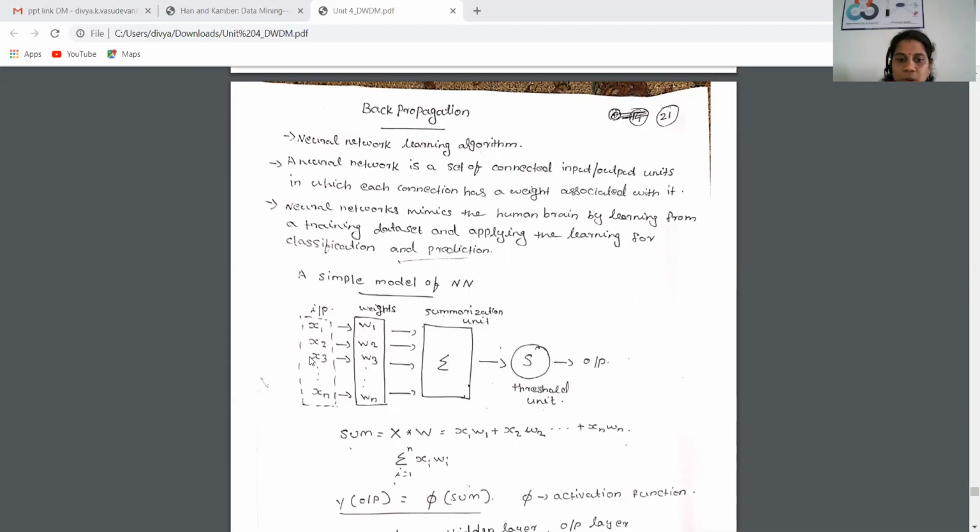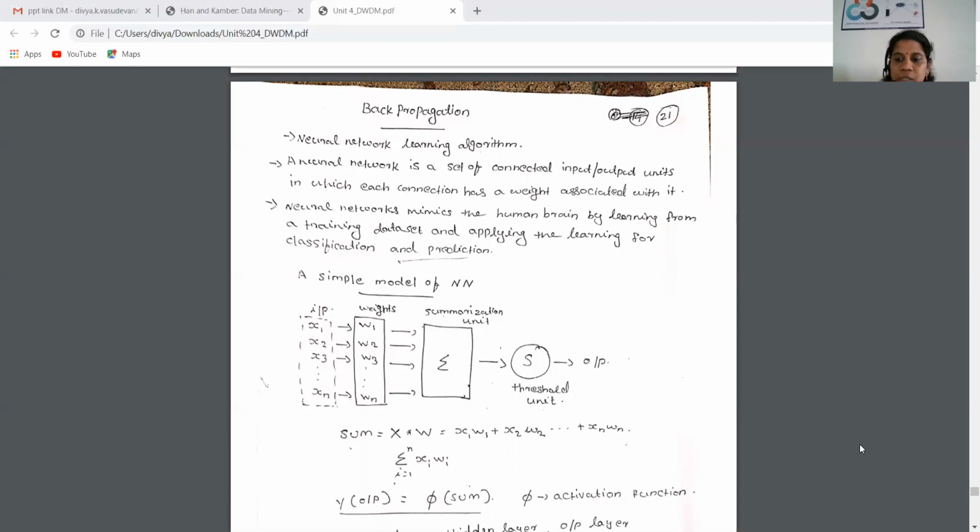So a neural network consists of a set of inputs and outputs connected through a set of weights. The sigma, which is called the summation unit, is equal to x into w, input into weight, that is x1 into w1 plus x2 into w2 plus x3 into w3, etc., xn into wn.